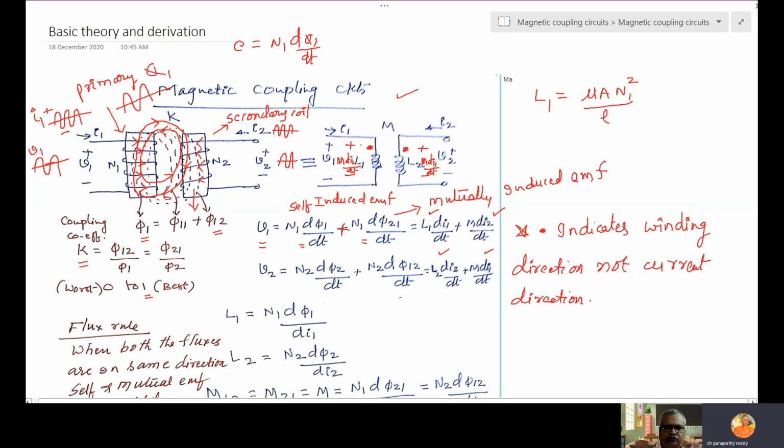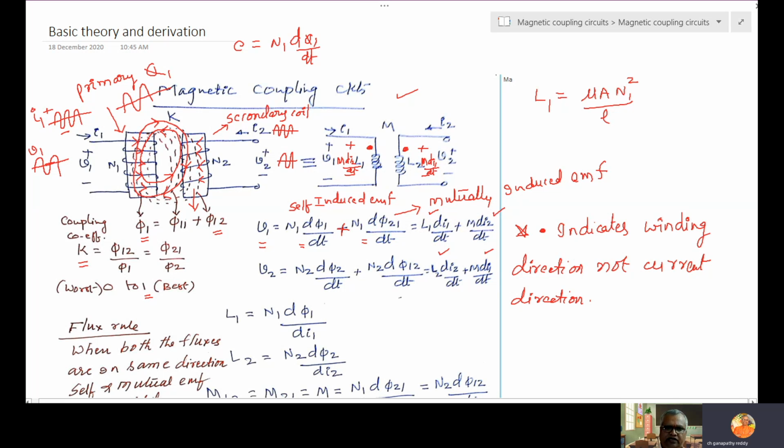Remember, these two circuits are equivalent. In the first case, winding directions are visible, so we never keep the dot notation. In the second circuit, the winding directions are not known. That is taken care of with the help of the dot.